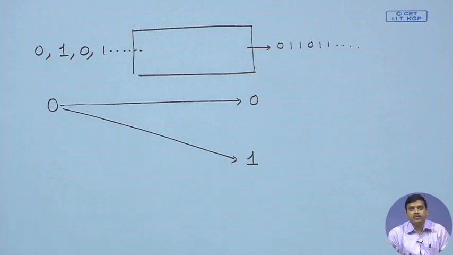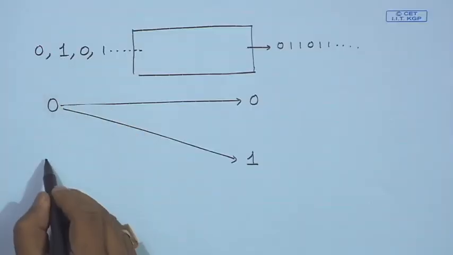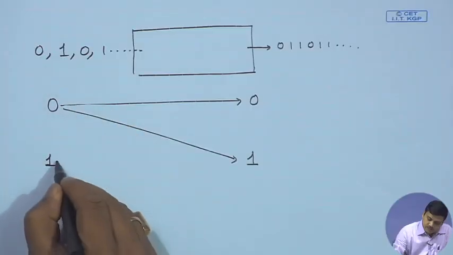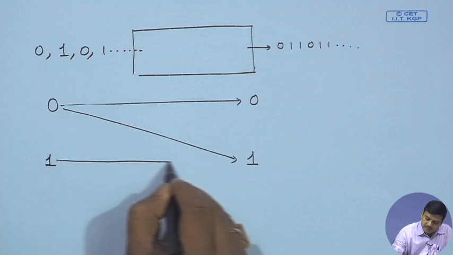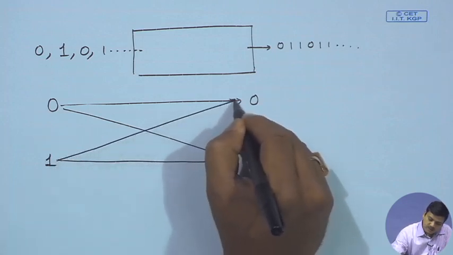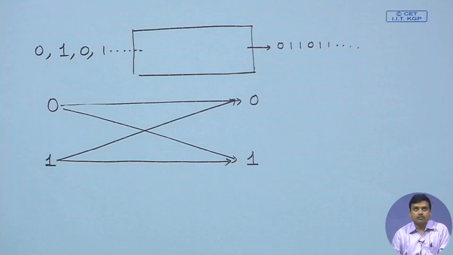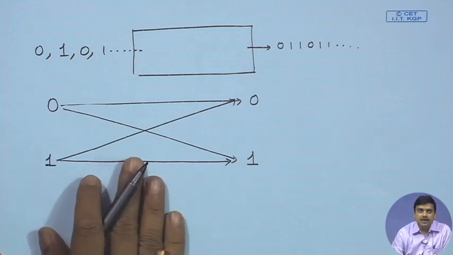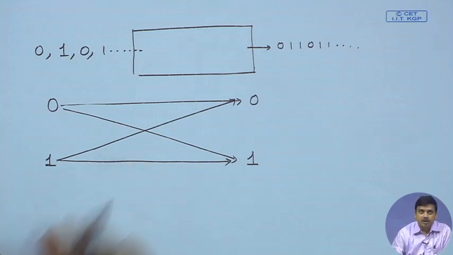The detector cannot stay without choosing a particular solution. Similarly, when a 1 goes into the system, the 1 may be detected finally as a 1 or it could be detected as a 0. So, this is the abstract form of the channel model.